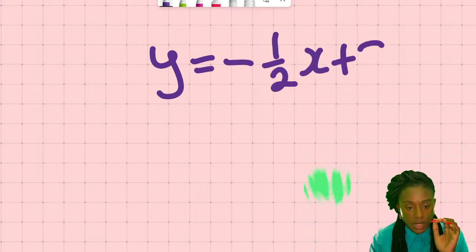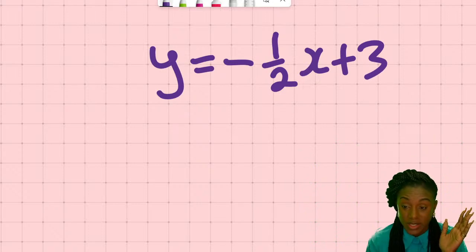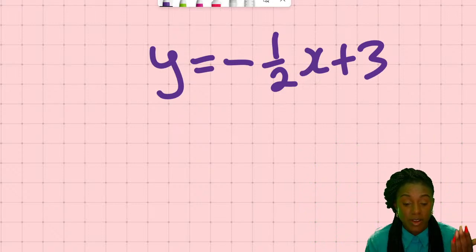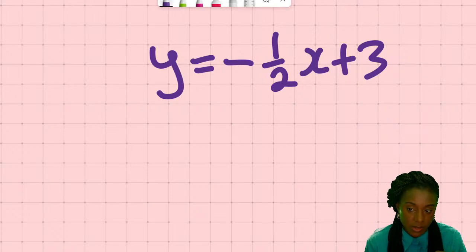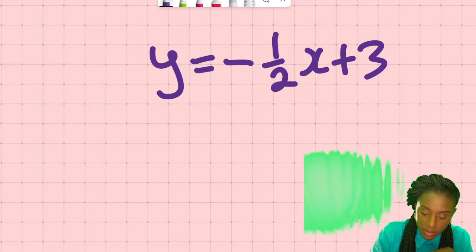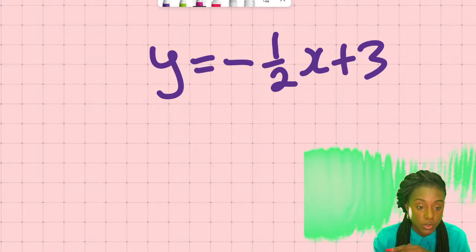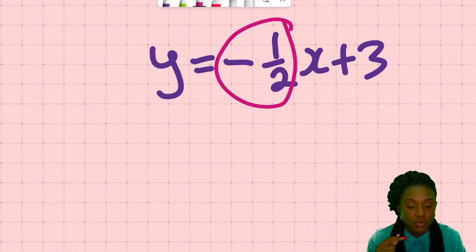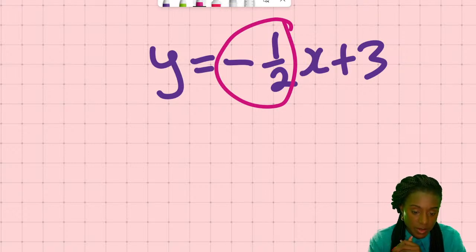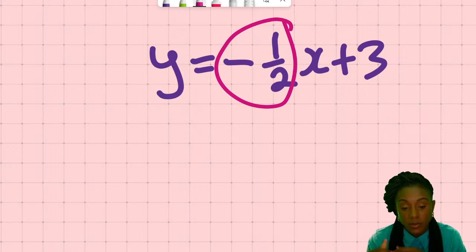So I'm going to tell you all how we determine the gradient of the other line which is perpendicular to that line. You simply look at the gradient of the line that is given to you, and you write the inverse of that gradient or the reciprocal, or sometimes your teacher may tell you to flip the fraction.